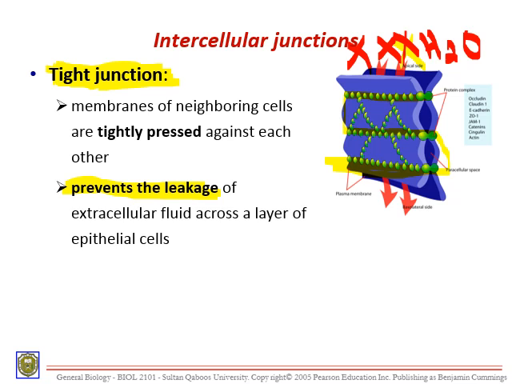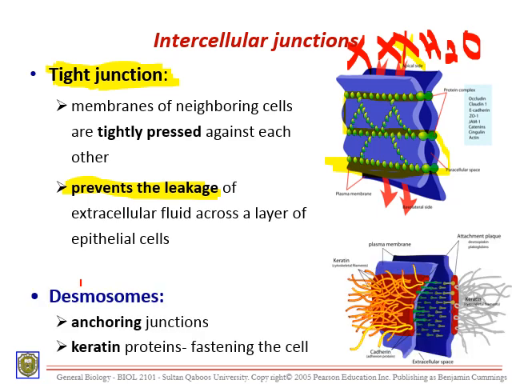Okay, let me give you an example. For example, the bladder which holds the urine, okay, it holds a large amount of urine. We do not want the urine to penetrate between the cells because it's toxic, right? So we don't want the urine to penetrate between the cells, okay? That's why we have a tight junction.